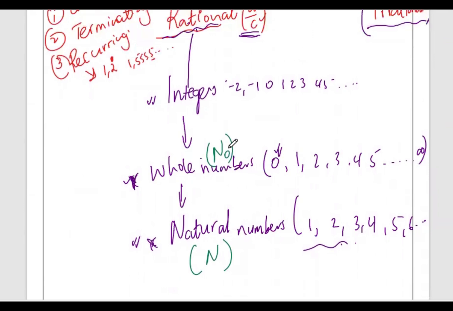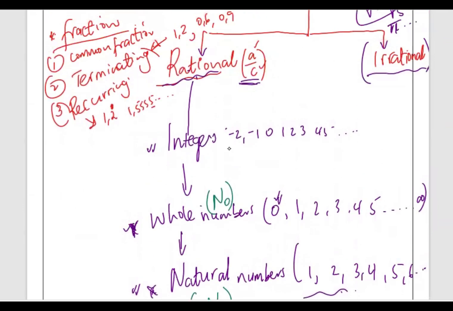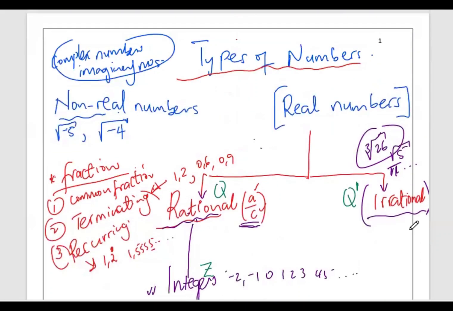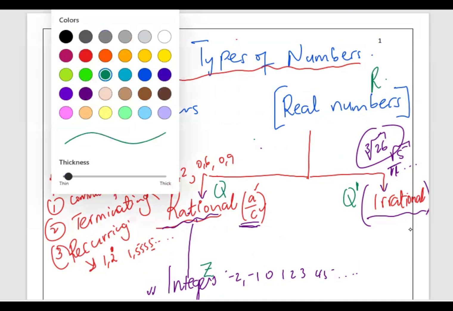Then for integers, we sometimes use Z. For rational, we use Q. Irrational will be a Q with a prime. And then the real numbers, we normally use R. For the non-real numbers, I don't know exactly how they are written, but there is a symbol somewhere.